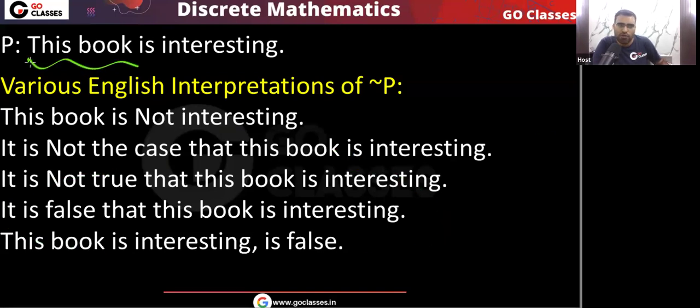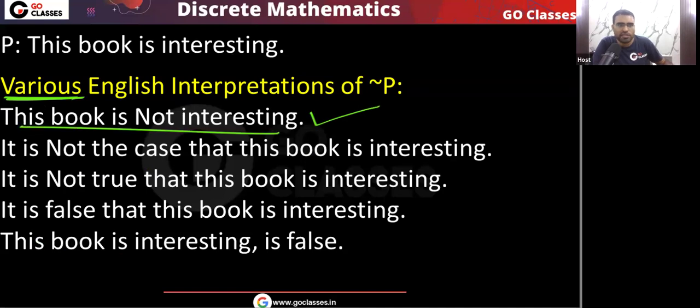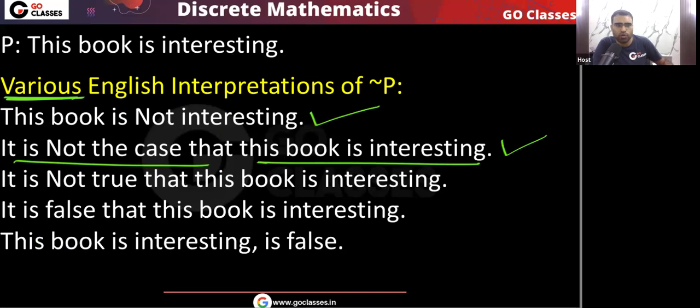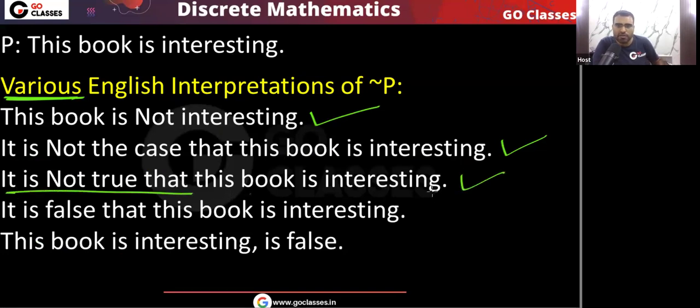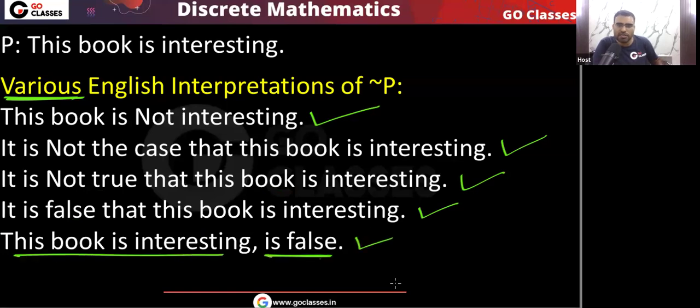So remember, if you have a statement P, then what are different English interpretations? Okay, means how to read this negation P in English. Either you can read like this book is not interesting, or you can read like this, it is not the case that this book is interesting, or it is not true that this book is interesting, or it is false that this book is interesting, or this book is interesting is false.